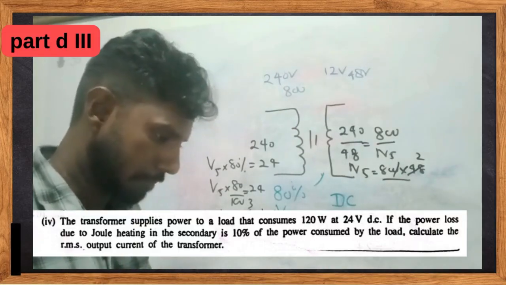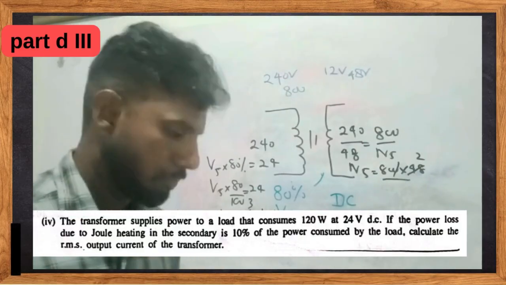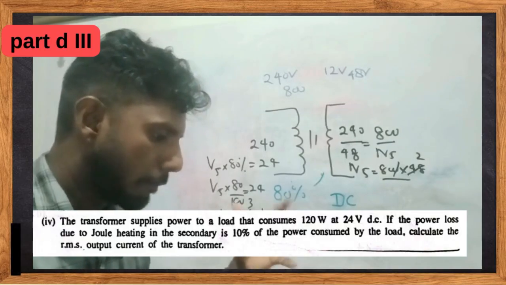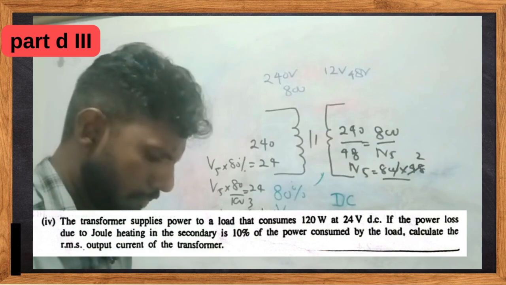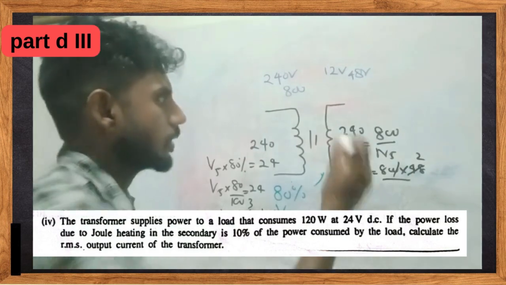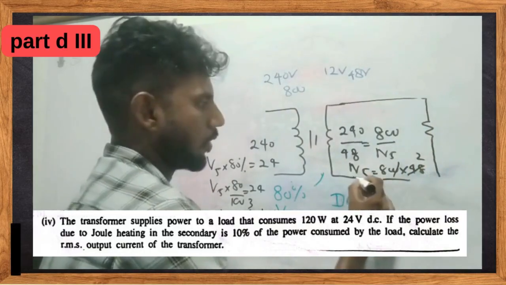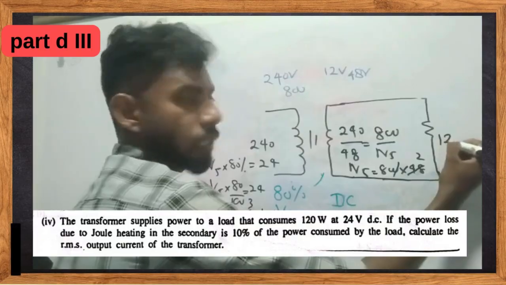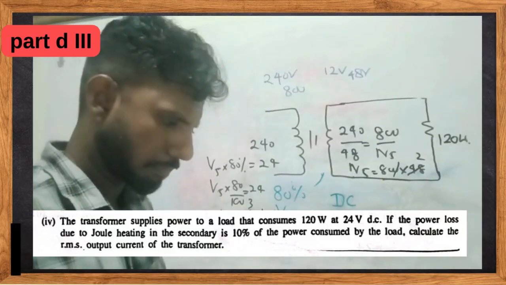That's part 3, right? Then the last one, the last part of the question. The transformer supplies to a load that consumes 120. This is connected to a load like this, load resistor that consumes 120 watt, right?